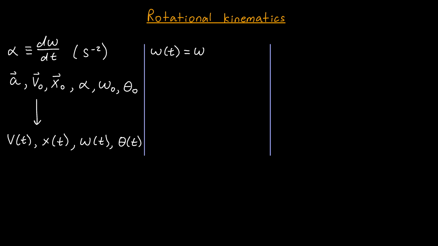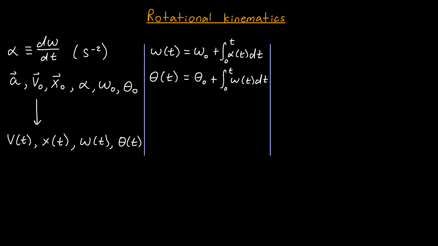That's just the initial angular velocity omega naught plus the integral from 0 to t alpha of t dt. Right, so for now we're not assuming anything about the angular acceleration other than it's just some function of time that's given to us. And then once we know omega of t, we can find theta of t. And we just take theta naught, the initial angle, and add the integral from 0 to t, omega of t dt. So this should be very familiar from what we did with the linear quantities, v of t and x of t.